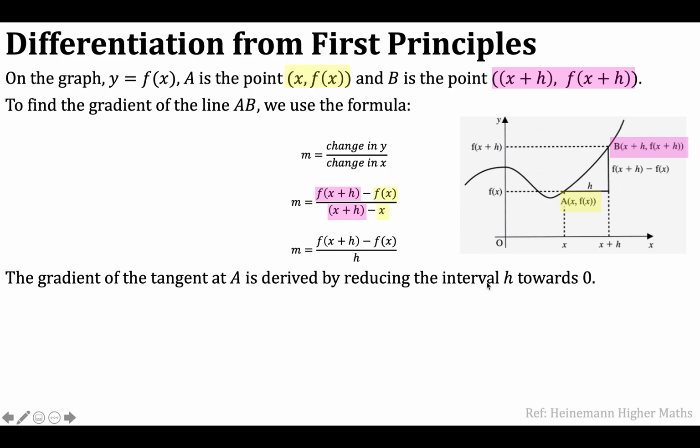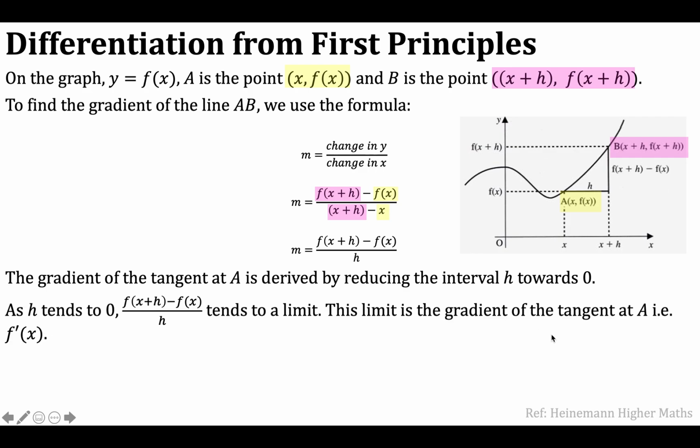So the gradient of the tangent at A is derived by reducing h towards 0. So the value of h is getting closer to 0. So as h tends to 0, this formula here, f of x plus h minus f of x all over h, tends to a limit.